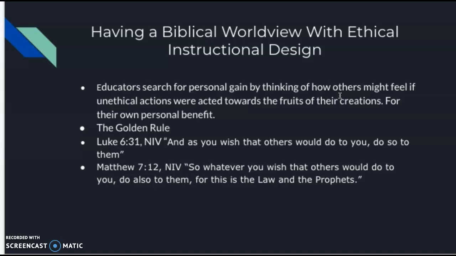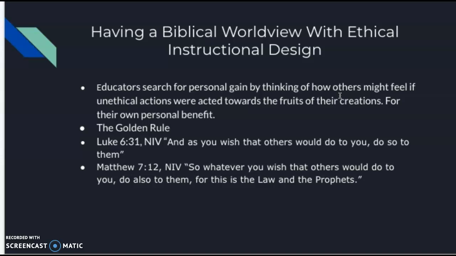Educators searching for personal gain should think of how others might feel if unethical actions were acted towards the fruit of their creations for their own personal benefit. This gets me thinking about the golden rule: do unto others as you would have others do unto you.